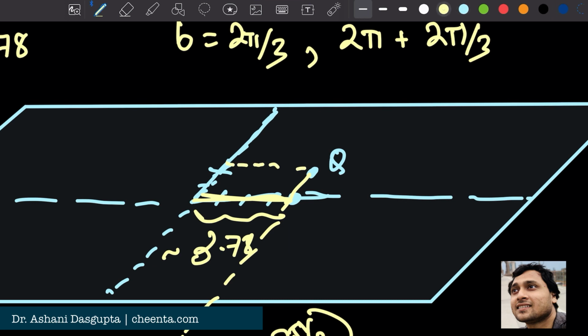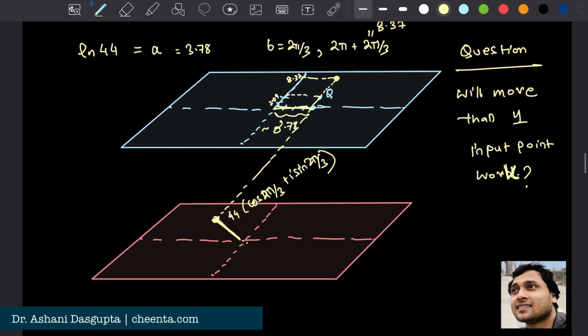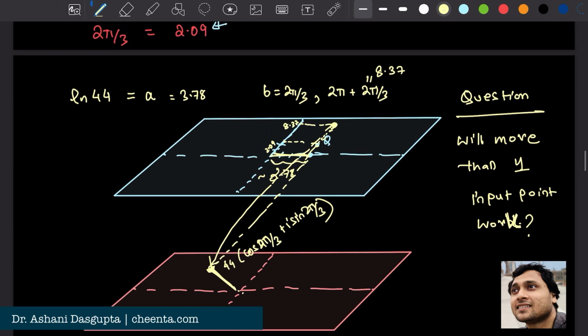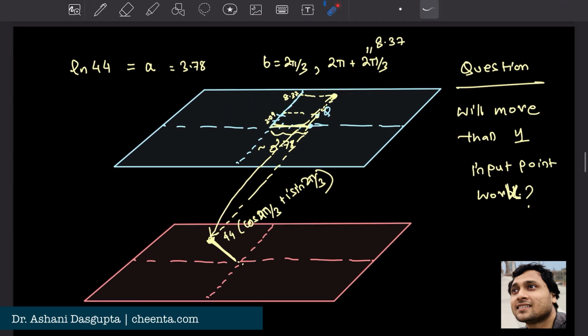This is 2.09, and if I go a bit higher, where it is 8.37, then this point will again map to the same point, because you just found the same angle plus 360 degrees.